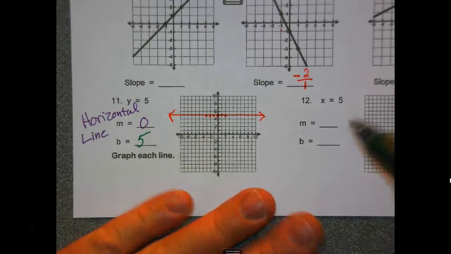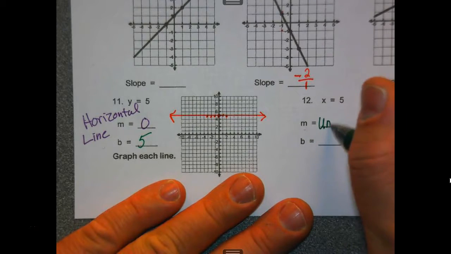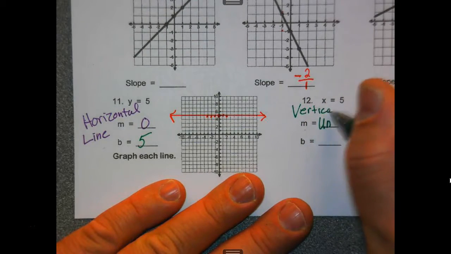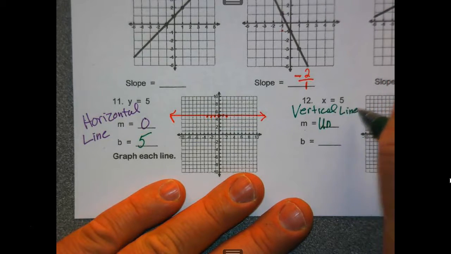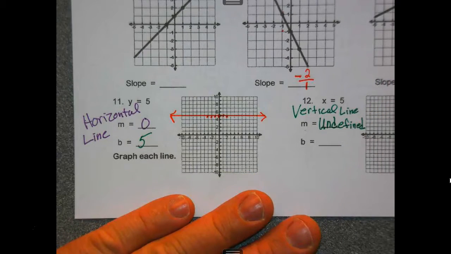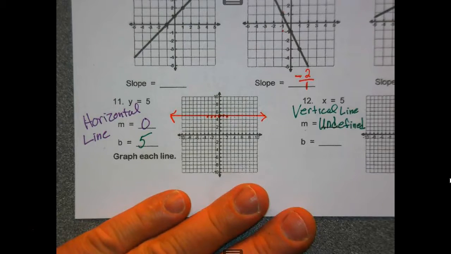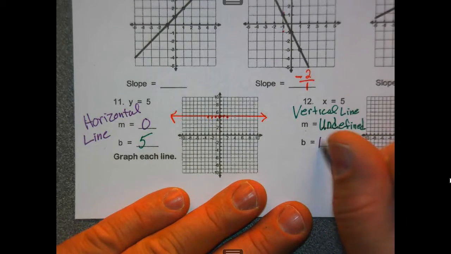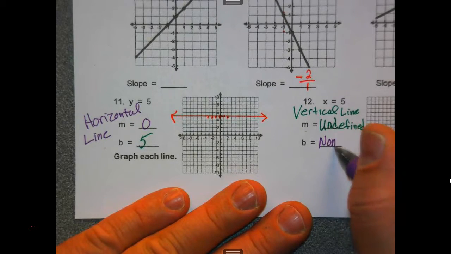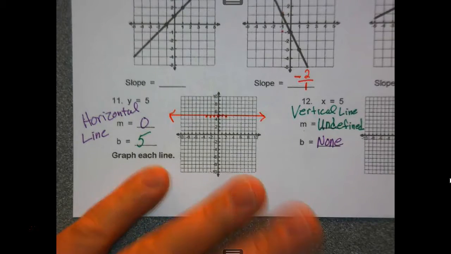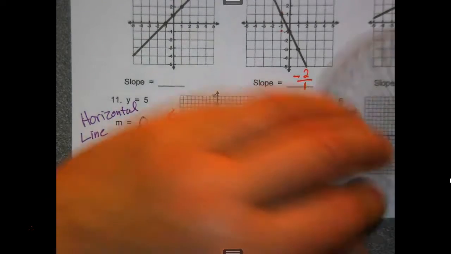X equals 5, what's my slope? Do you remember a vertical line? It's undefined. Do I have a y-intercept? No, because it's a vertical line at x equals 5.